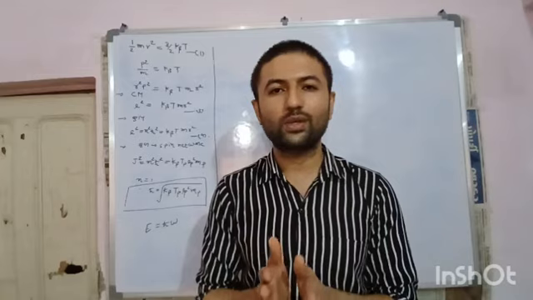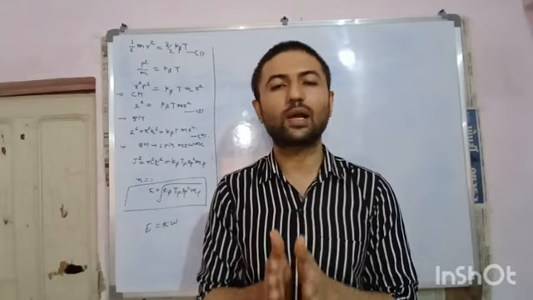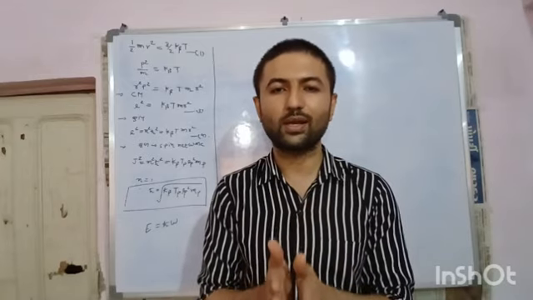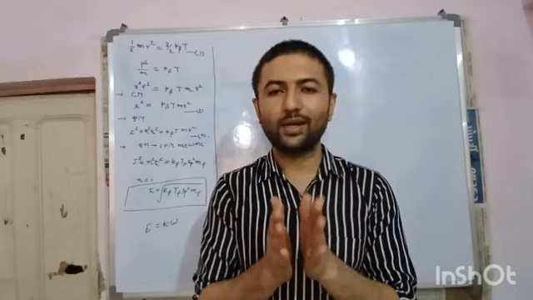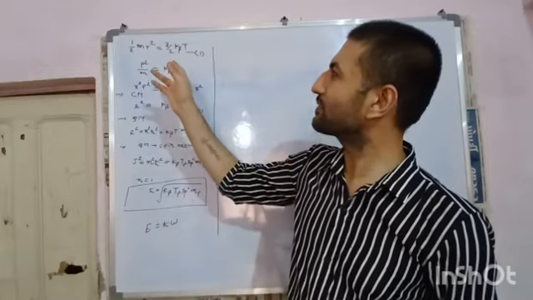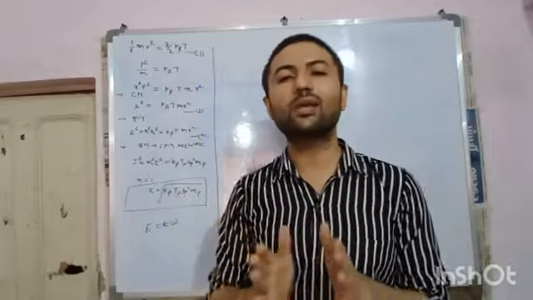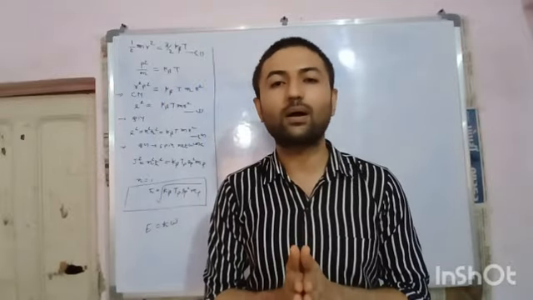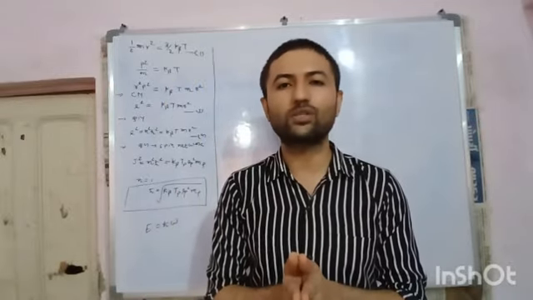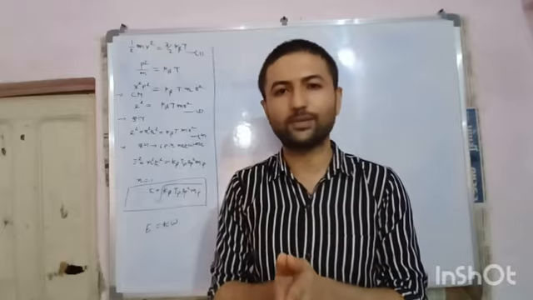To derive this equation, I have used the kinetic theory of gases of thermodynamics, and that equation is 1/2 mv² is equal to 3/2 k_B T. This equation is nothing but the definition of temperature, that is, average kinetic energy.